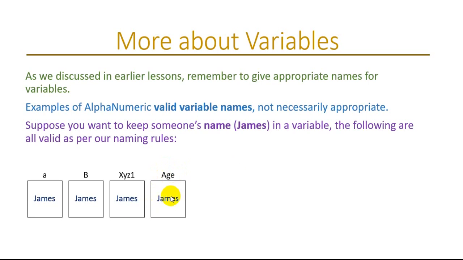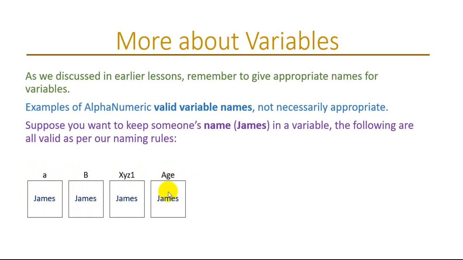If you look at any of these variables, these are all alphanumeric variables because they are storing alphanumeric data. If the content is alphanumeric, then the variable is an alphanumeric variable. So A is an alphanumeric variable, B is one, XYZ1 is one, and age in this case is also an alphanumeric variable.